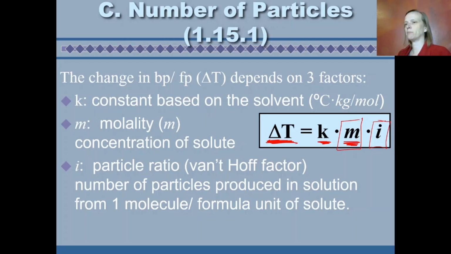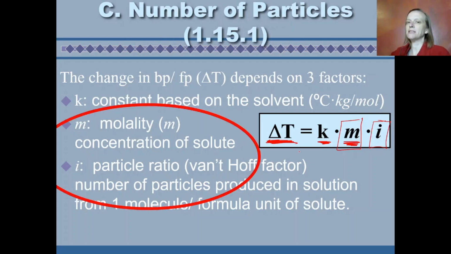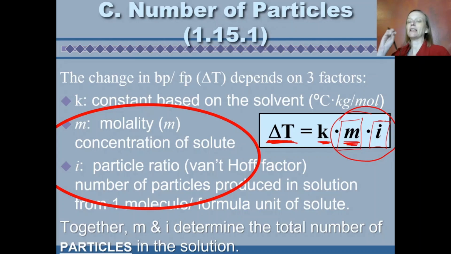And I'll show you what I mean by that here. But basically, these 2 values together, molality and the Van't Hoff factor, work together to tell you how many total particles there are in the solution.